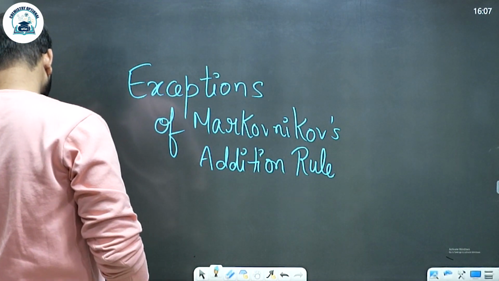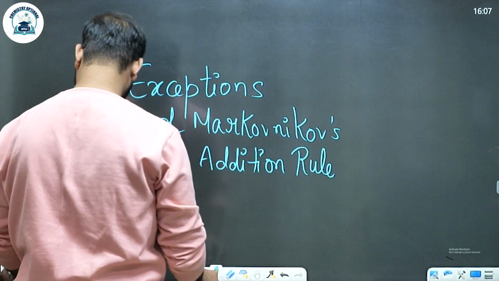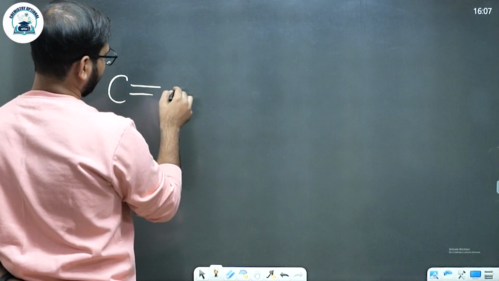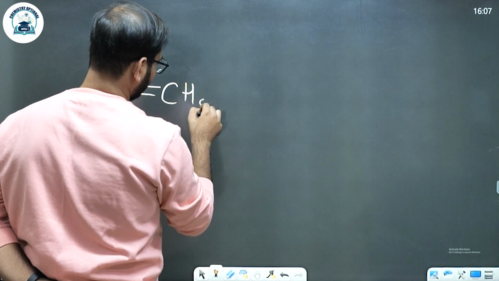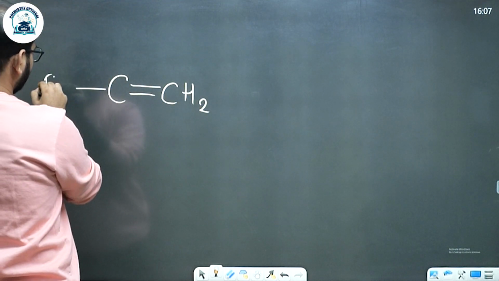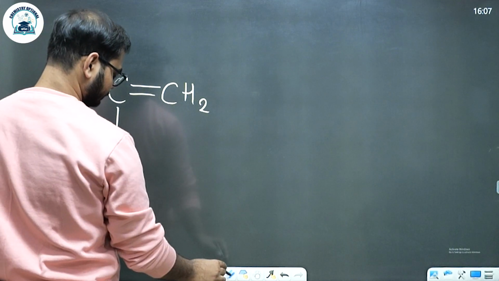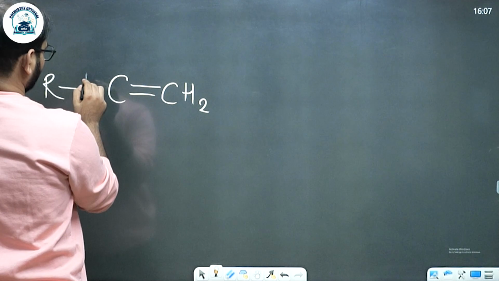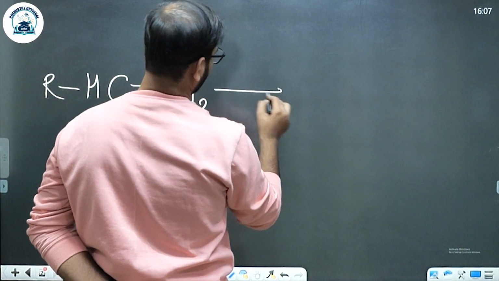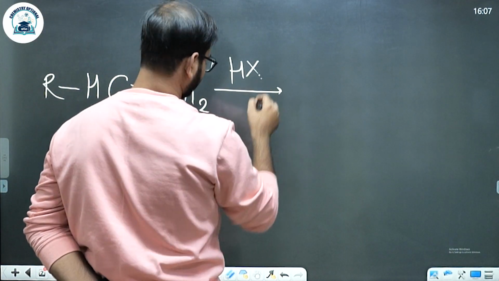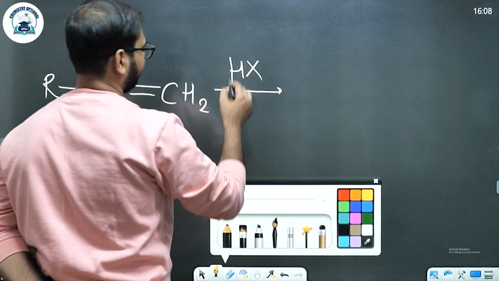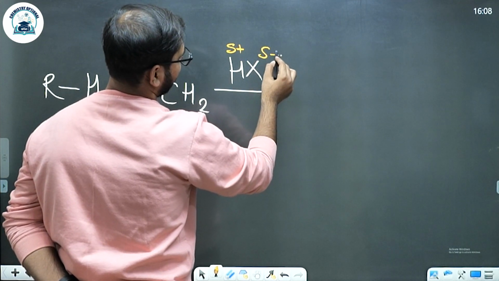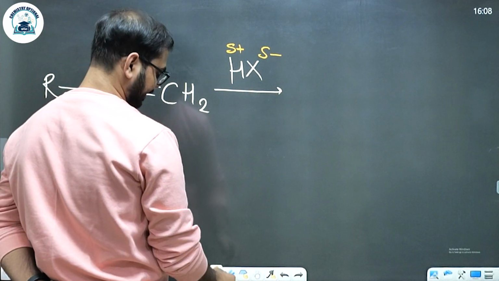So in general, an alkene is represented as, this is your alkene, and we are taking substitution for it like this. Now, on adding any kind of halogen acid, first what will happen is that the halogen, being electronegative, will generate a delta positive charge on hydrogen and become delta negative.